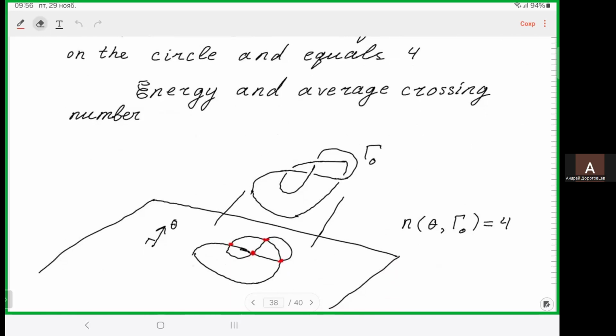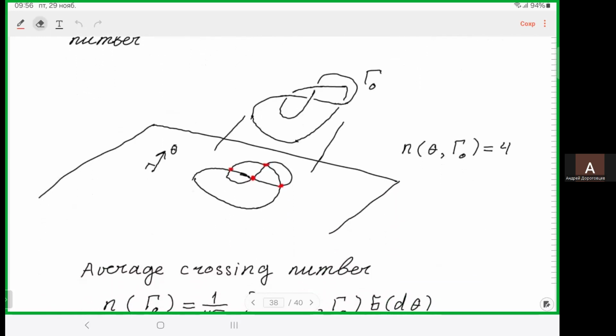So if we consider the projection of our knot onto any plane, for any projection we calculate the number of crossing points. On the picture, there are 4 such points. This number will depend on the normal vector theta to our plane.